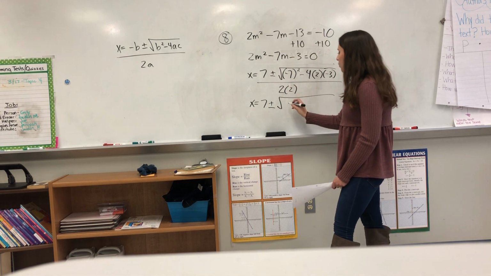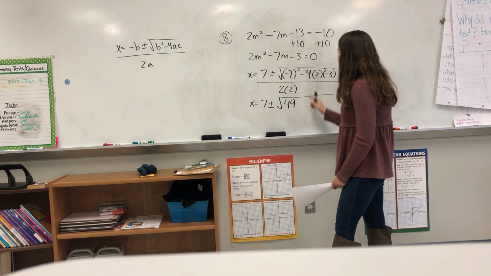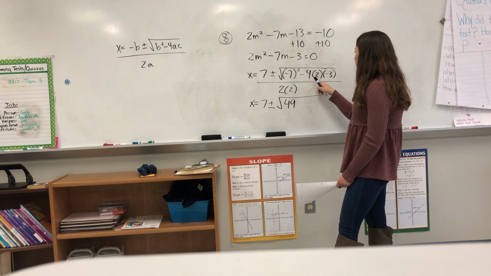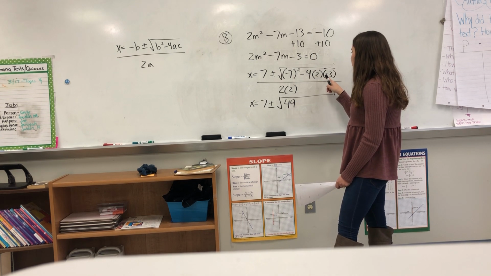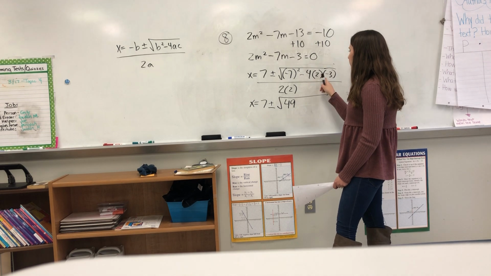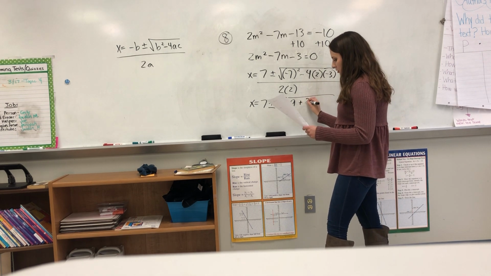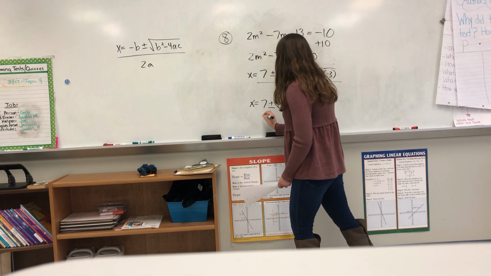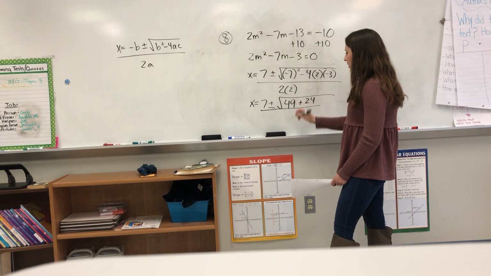Negative 7 squared is 49. 4 times 2 is 8, times negative 3 is negative 24, and then there's 2 negatives, so it's a positive 24, over 2 times 2 is 4.